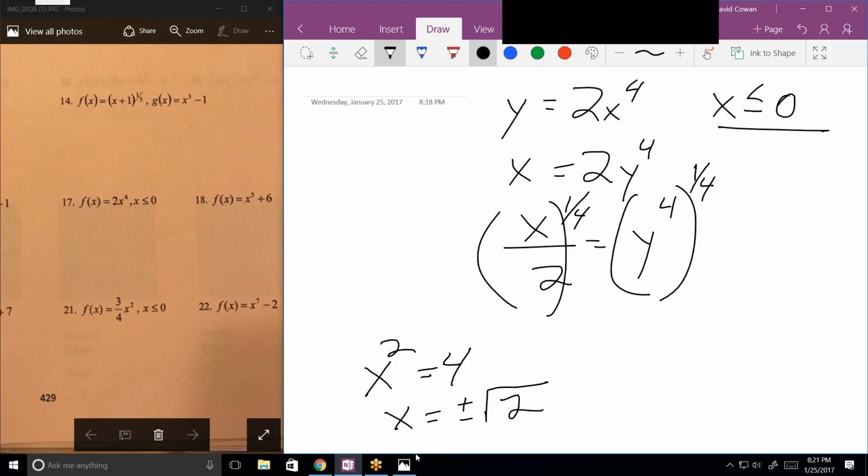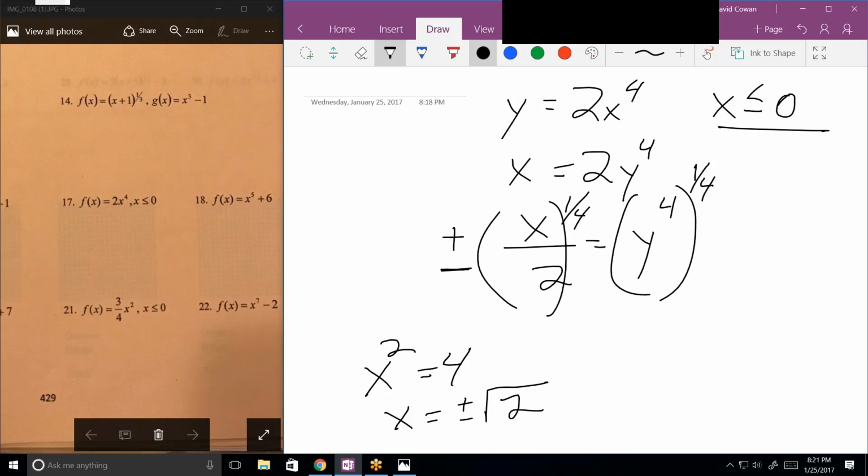That applies whenever the power is an even number. So when I take the fourth root of the right side, I get y. But when I take the fourth root of the left side, I actually get plus or minus.